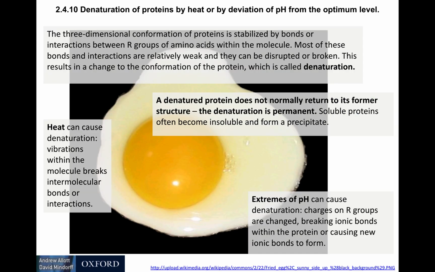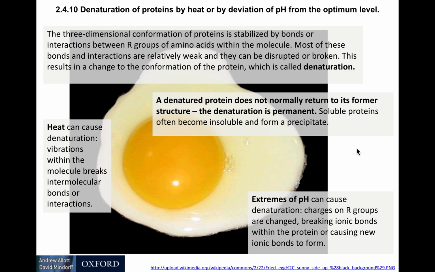So the last part of this is proteins do have a problem. They can be denatured. Denaturing of proteins is when something in the environment makes the protein lose its shape. So it unfolds. And a lot of times it's permanent. A denatured protein does not normally return to its former shape.